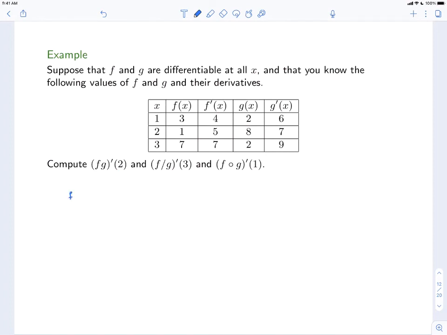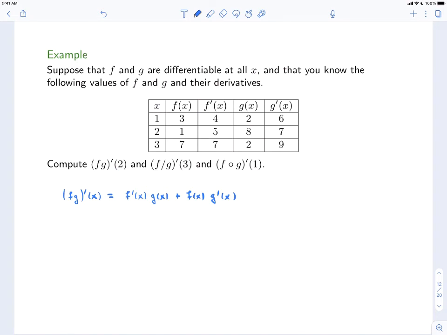So we're going to start with f times g prime at x. And using the product rule, this is going to be the derivative of the first times the second plus the first times the derivative of the second. Now, of course, we're interested in this not at an arbitrary x, but when x is equal to 2.